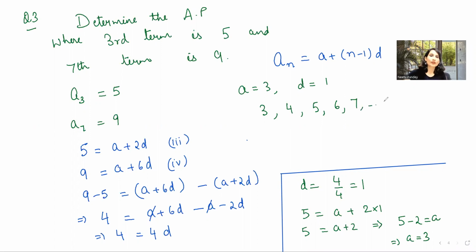And so on. Okay. So this is the final answer. We determined the AP by using this formula. And what we did, first we got the first term and the common difference, and based on that we formed the arithmetic progression. Okay, so this is how we have to solve questions using nth term of an arithmetic progression.